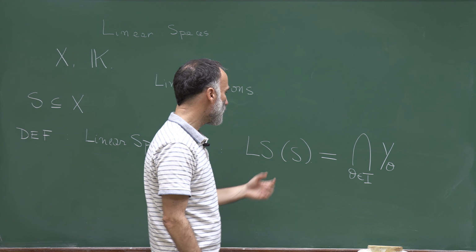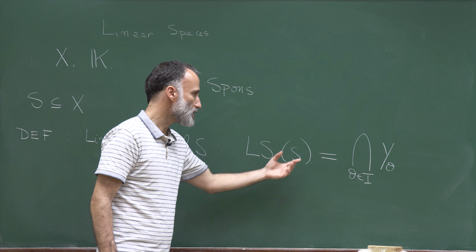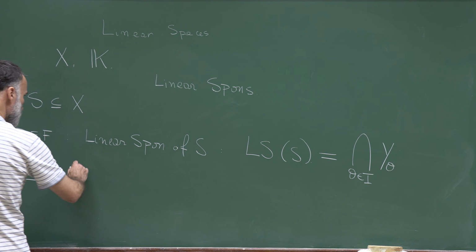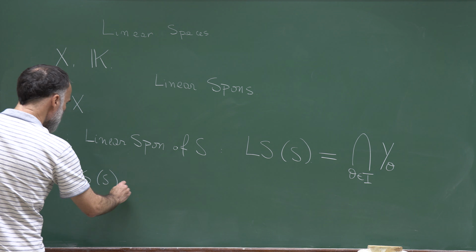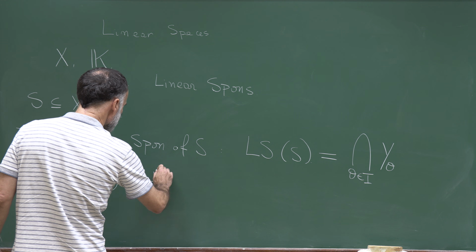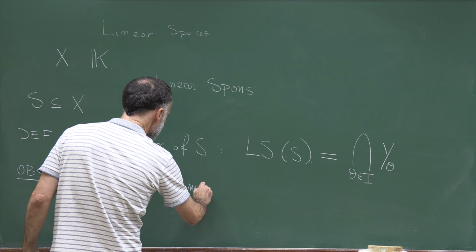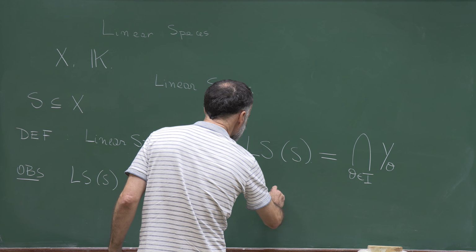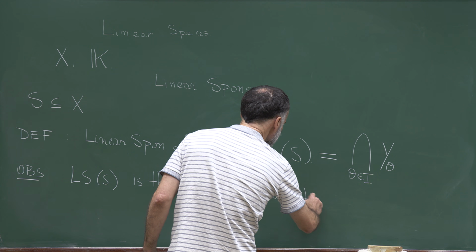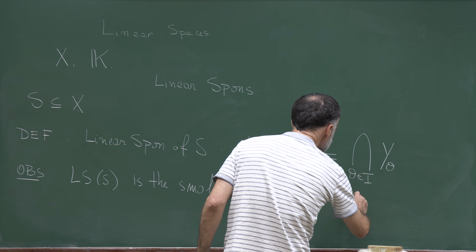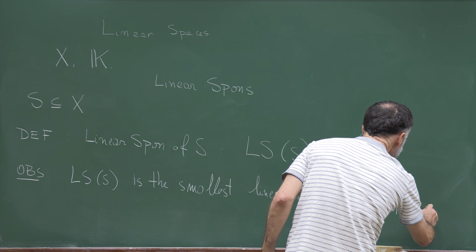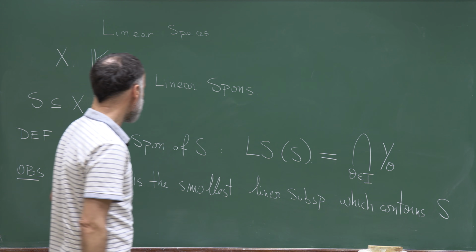So indeed, LS of S, the linear span of S, is a linear subspace of X. What I claim is that the linear span of S is the smallest linear subspace which contains S. Right, so this is the definition.